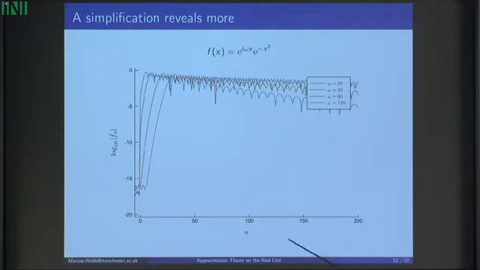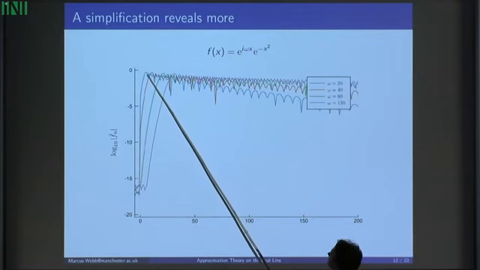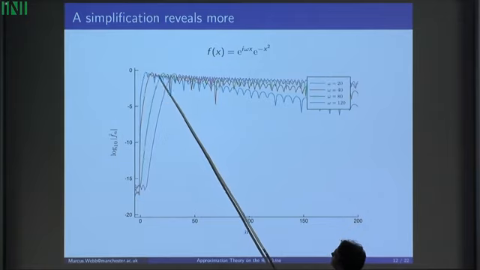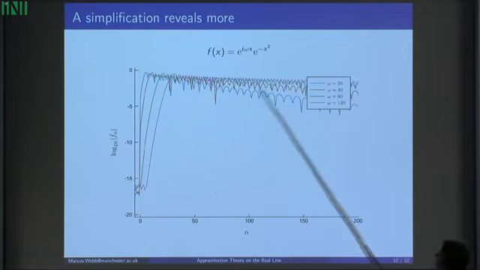But then, at some certain critical point, so you see, as I vary omega, there's a peak that appears at different points, where then, from then on, the convergence begins. So there's some interesting behavior. Can we explain that? Turns out we can.